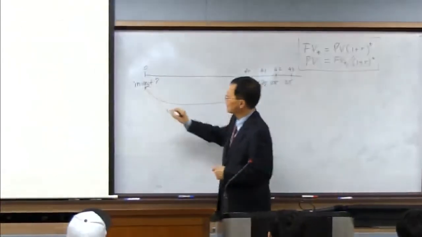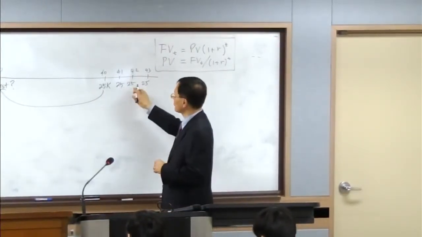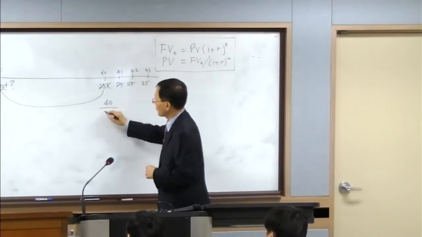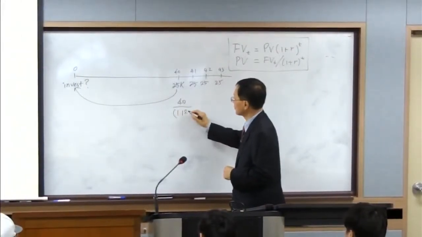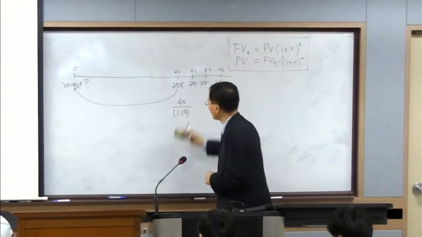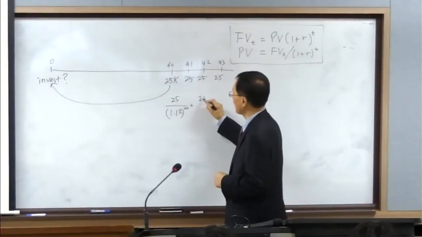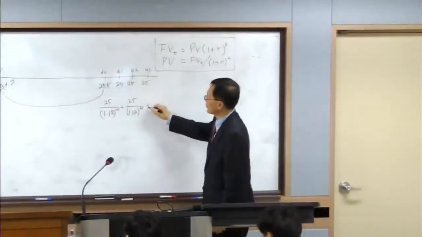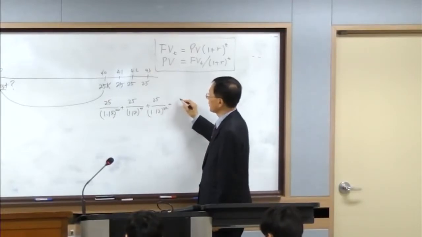25K discounted over 40 years, 25 for 41 years, 42 years, and 43 years. So 25 divided by 1.12, the interest rate is 12%, to the 40th power plus 25 over 1.12 to the 41st power plus 25 over 1.12 to the 42nd, 25 over 1.12 to the 43rd.